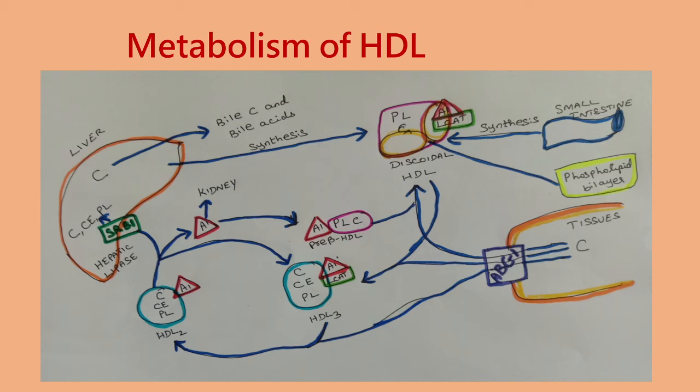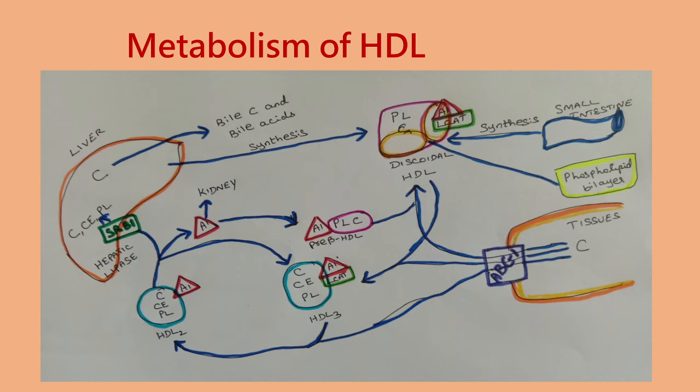HDL2 concentrations are inversely related to the incidence of coronary atherosclerosis, possibly because they reflect the efficiency of reverse cholesterol transport. HDL1 is found in the blood in diet-induced hypercholesterolemic animals. It is rich in cholesterol and its only apolipoprotein is ApoE.